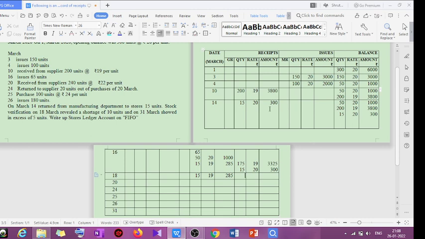I think some mistake happened here. Let me check once. Okay, here now it is 185. Okay, 185. Here 19.